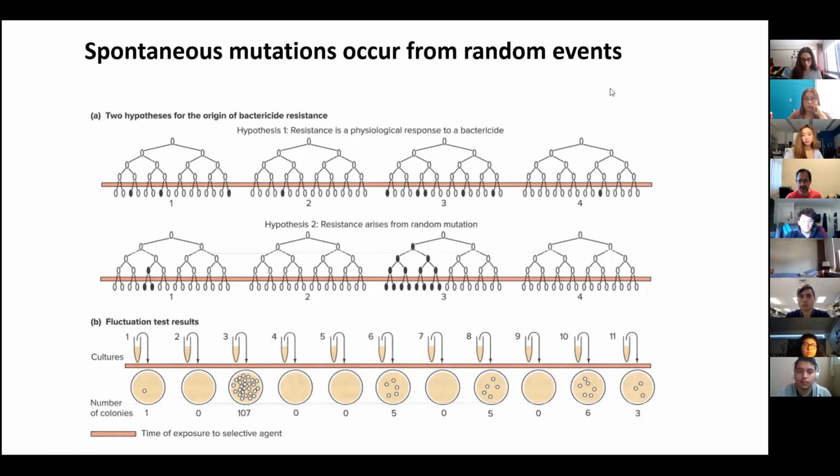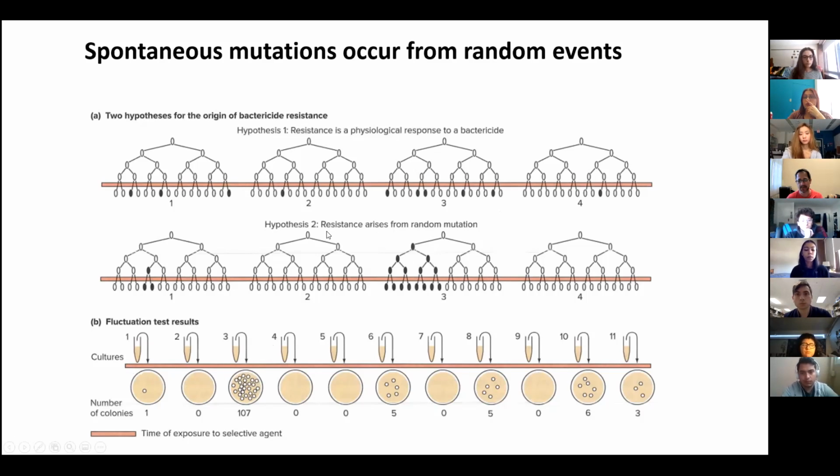So in the experiments, they cultured bacteria in different plates or tubes, and exposed them to antibiotics. If the first hypothesis was true, that the bacteria generate resistance because of the presence of the antibiotic, one would expect to see more or less the same rate of mutations appearing. It means in every plate, we should see more or less the same number of resistant colonies.